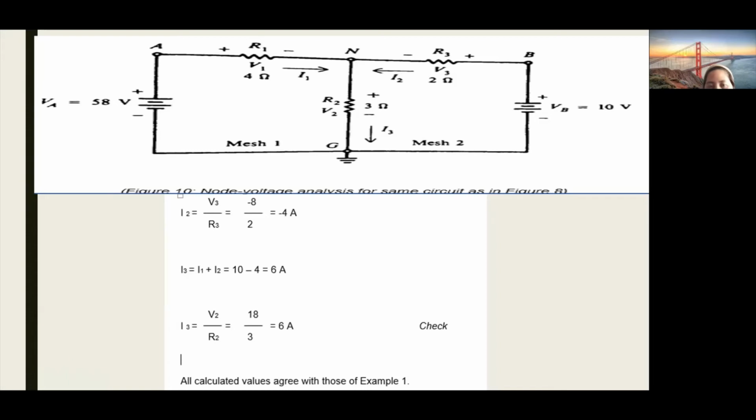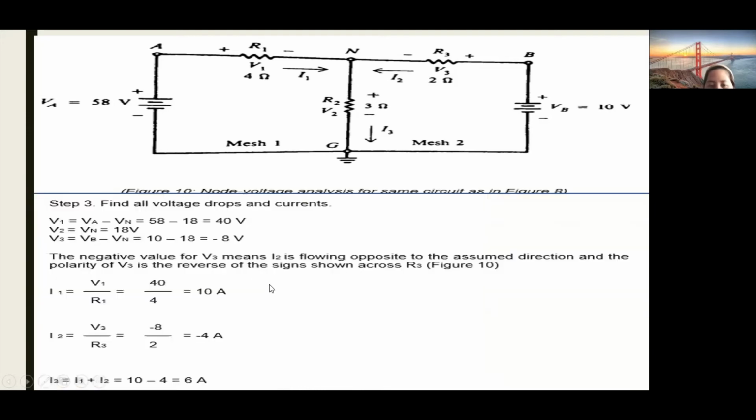I2 is V3 over R3, so negative 8 divided by 2 is negative 4, the same.